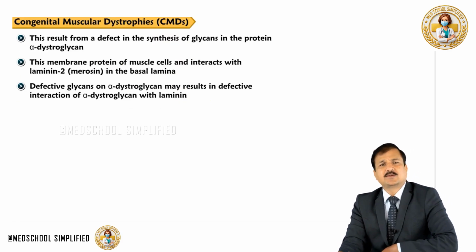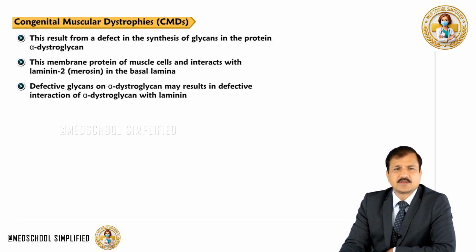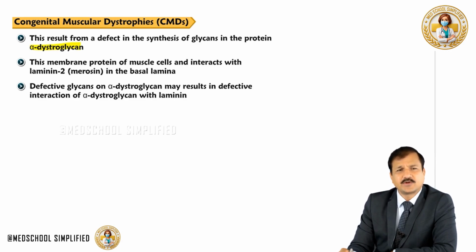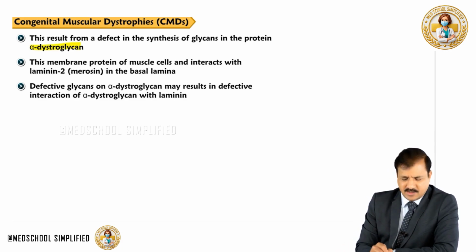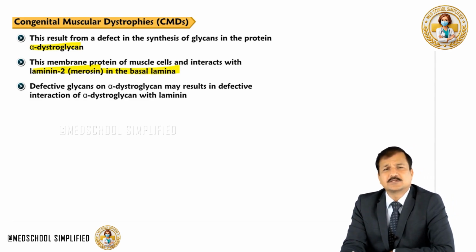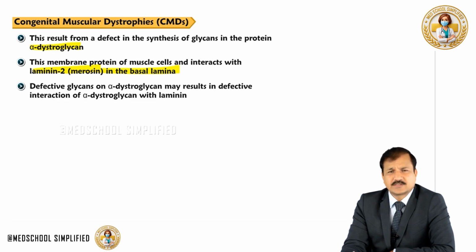Coming to congenital muscular dystrophies. This results from a defect in the synthesis of glycoproteins, that is alpha-dystroglycan, which is a type of glycoprotein. This membrane protein of muscle cells interacts with laminin 2, which is referred to as merosin, in the basal lamina. We have seen the arrangement of laminins in our previous lecture in the connective tissue lecture series.